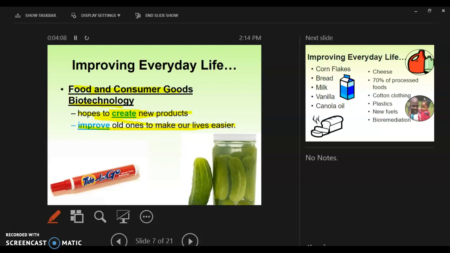For example, the Tide Pen. The Tide Pen improves our lives because if we spill something and get it on our shirt right then and there, and we have a Tide Pen, we can take care of that stain. How we get pickles is not a different process, but it's a faster process now than it was back then.